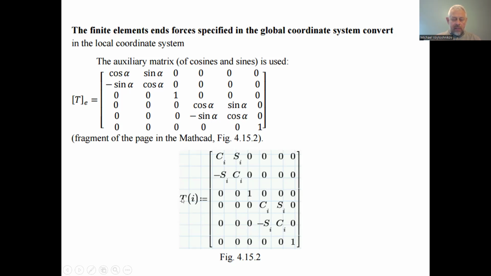This matrix looks like T depending on i; T is a function matrix. i is the number of the finite element in the considered mechanical system. We have 4 finite elements. The first finite element is the left stand from node 1 to node 2. The second is a horizontal beam rigidly connected at node 2 to the first element and hingedly connected to the other 2 elements at node 3.